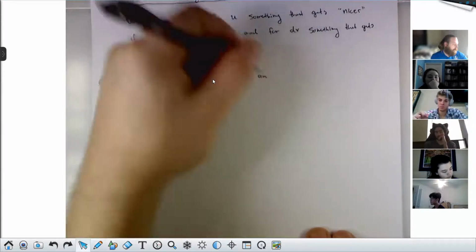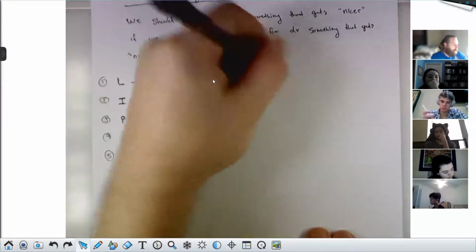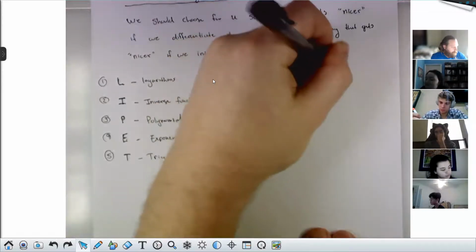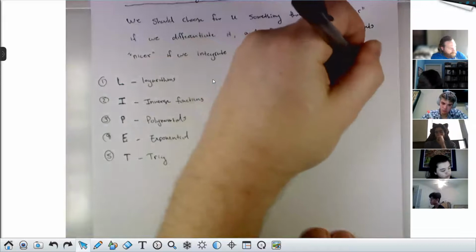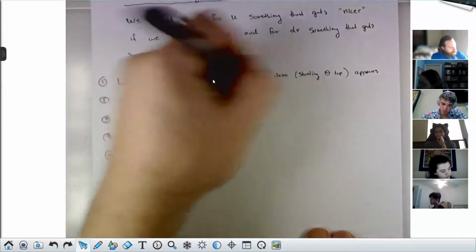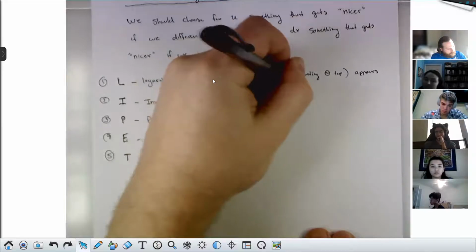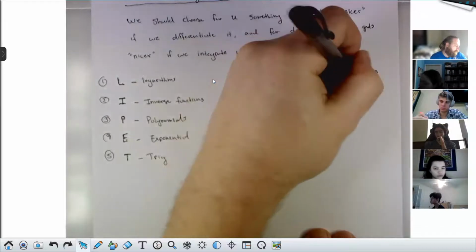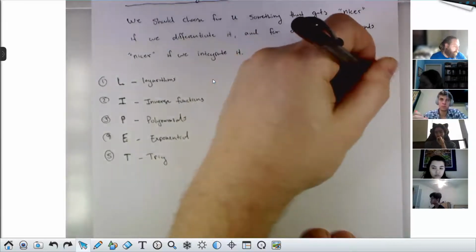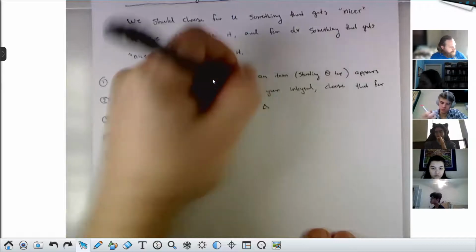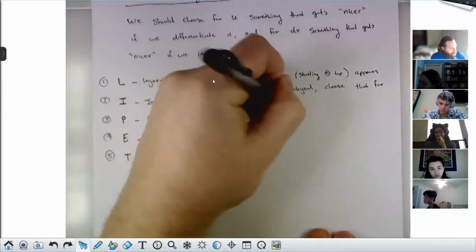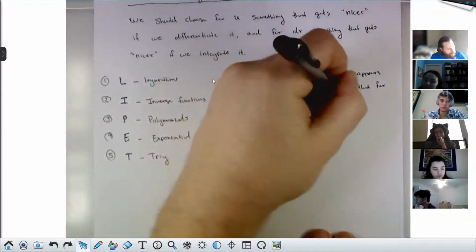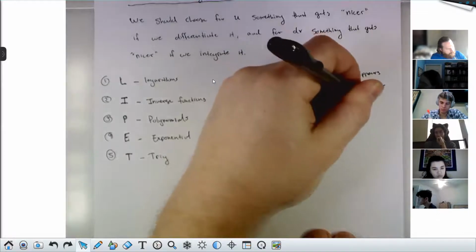If an item starting at the top appears in your integral, choose that for u and everything else for dv.